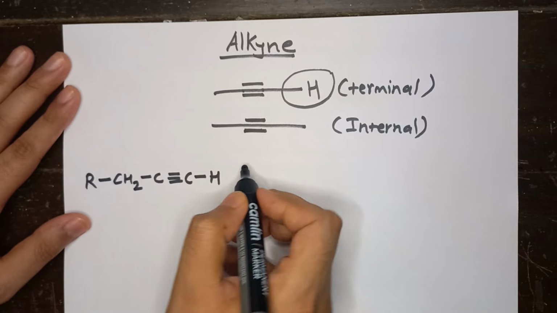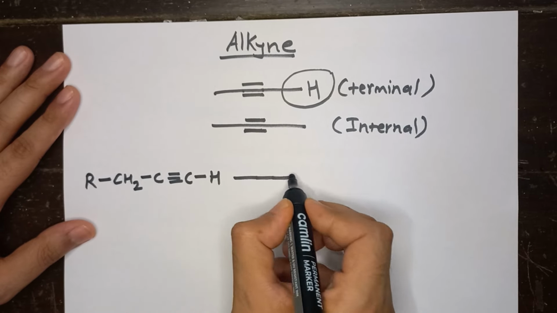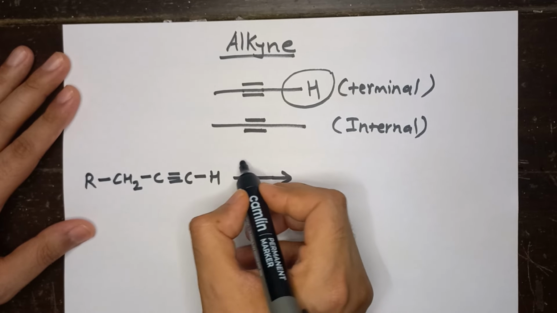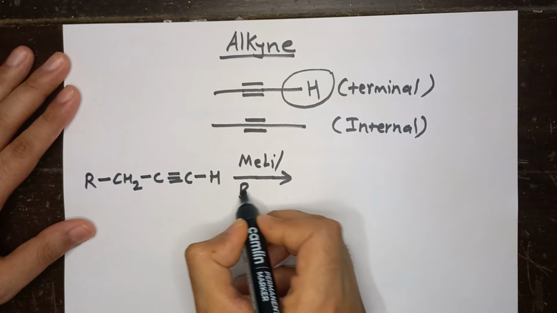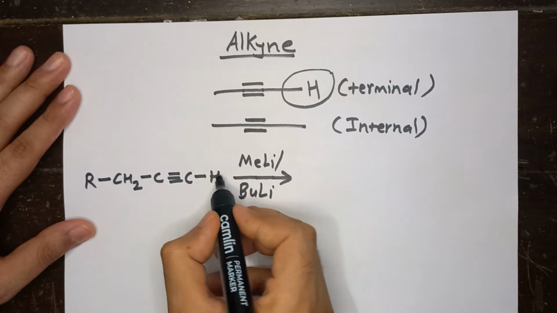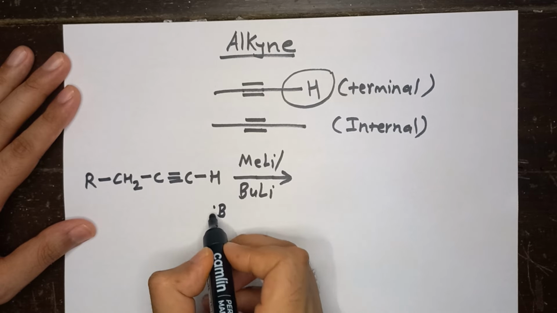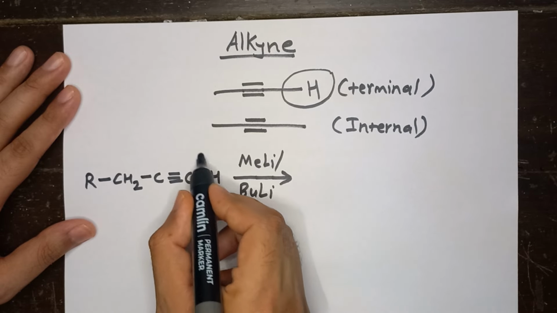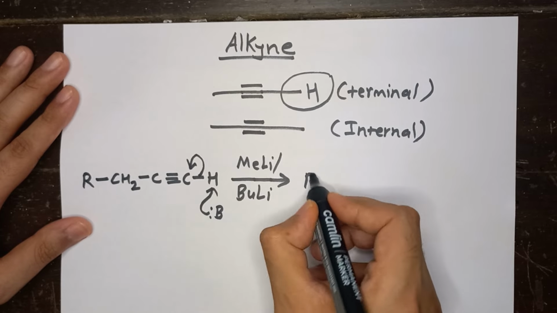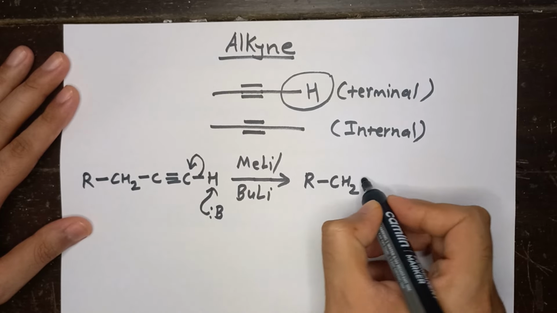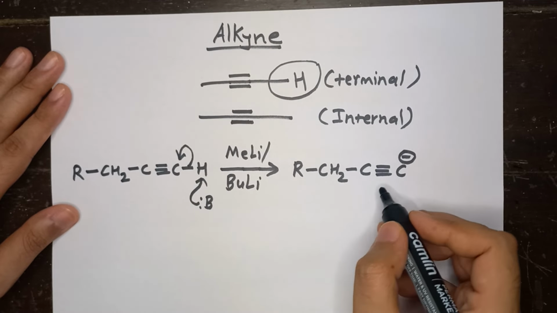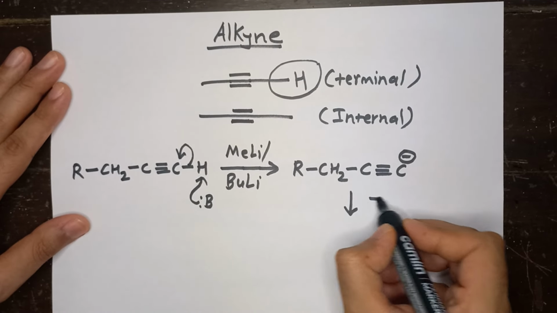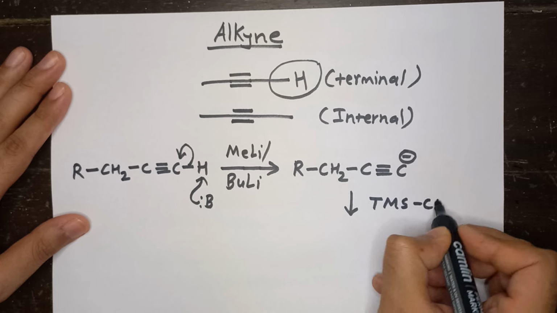So this is a terminal alkyne, and I need to react it with a base, for example methyl lithium or butyl lithium. So this base will grab this proton and will generate a carbanion. So we have generated a carbanion. Now you react it with trimethylsilyl chloride.